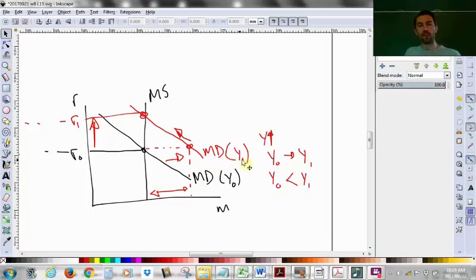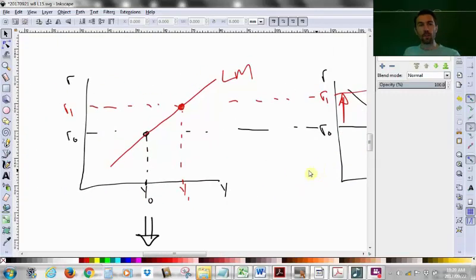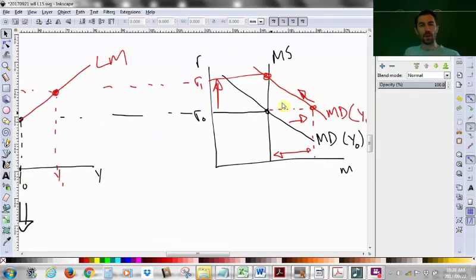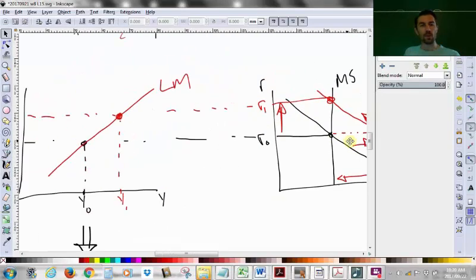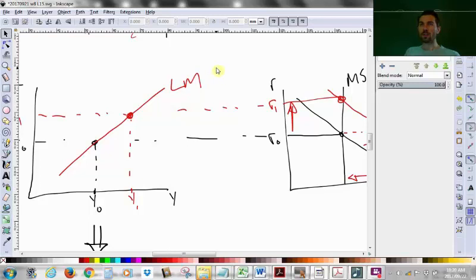Okay, so now if we want to see what is the relationship between output and interest rate given our money market situation, well, when output increases, what happens to equilibrium interest rates? It also increases. Therefore, we have a positive relationship. So if we plot the relationship between interest rate and output based on equilibrium in our money market, we have a positive relationship.